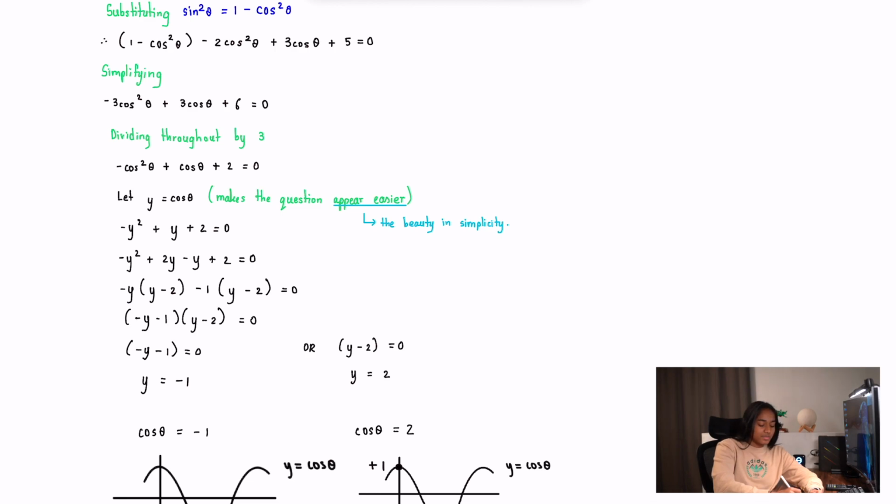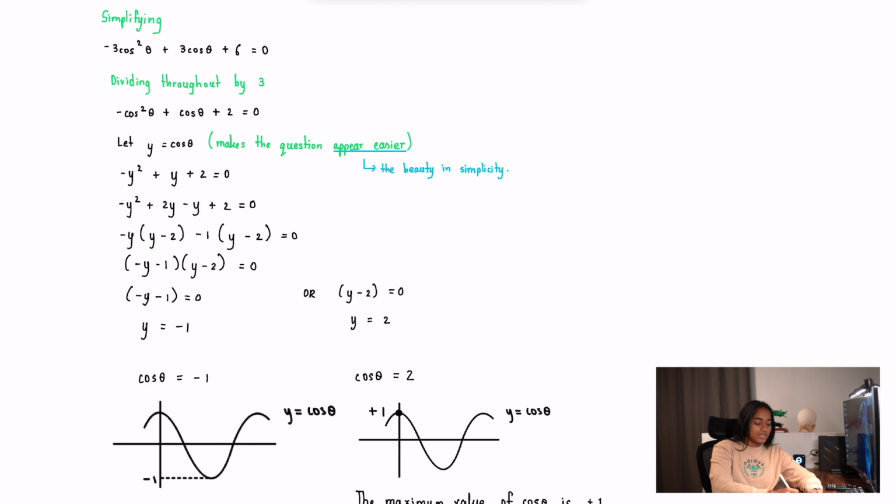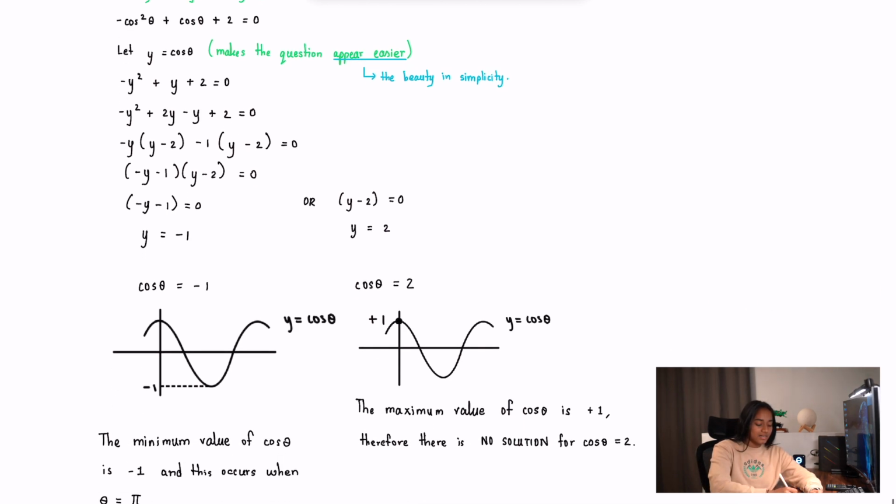So we'll end up with this, which we can tell already is in the form of a quadratic. So easier on the eyes, cos theta is equal to y. So we have minus y squared plus y plus 2 is equal to 0. We get our two values for y and go back and equate them to cos.